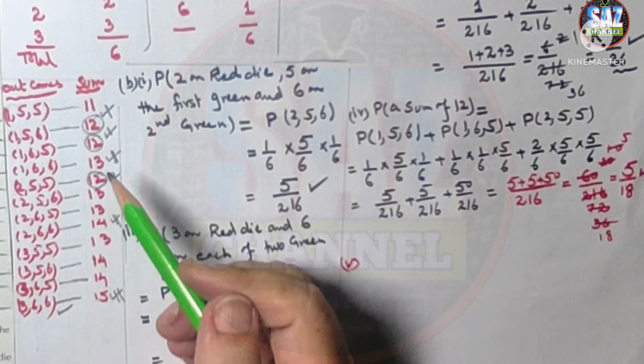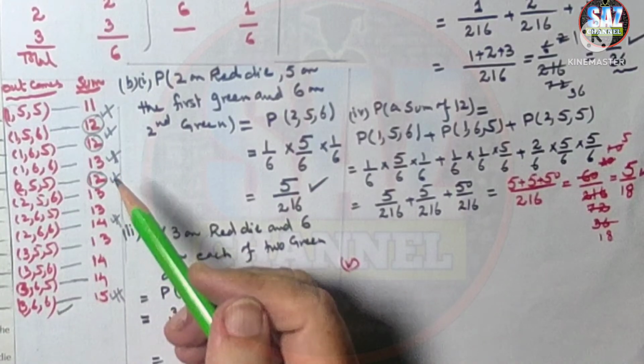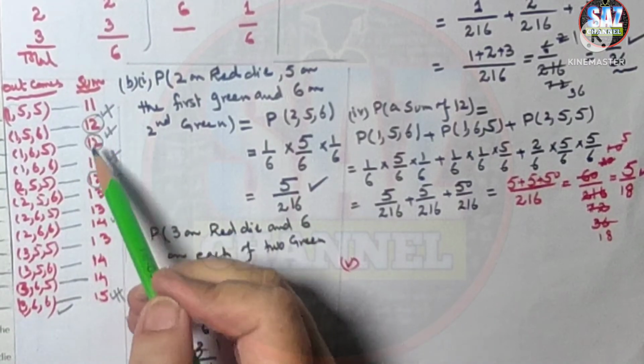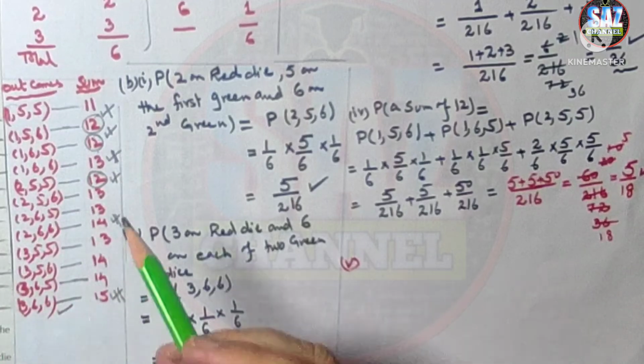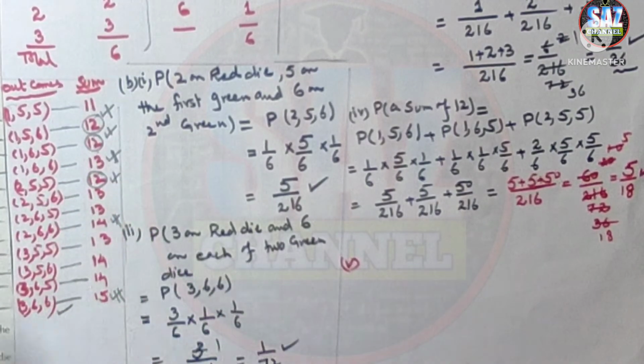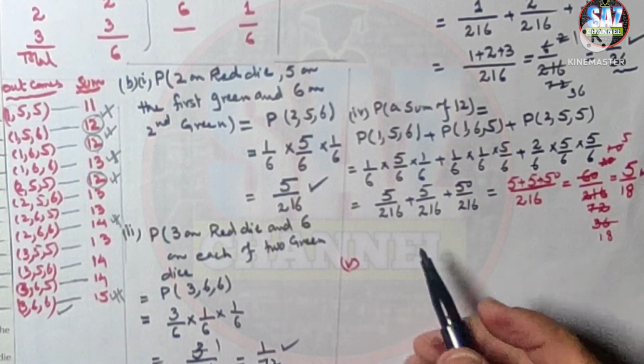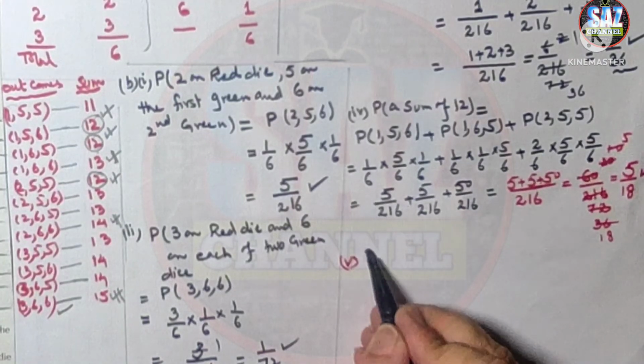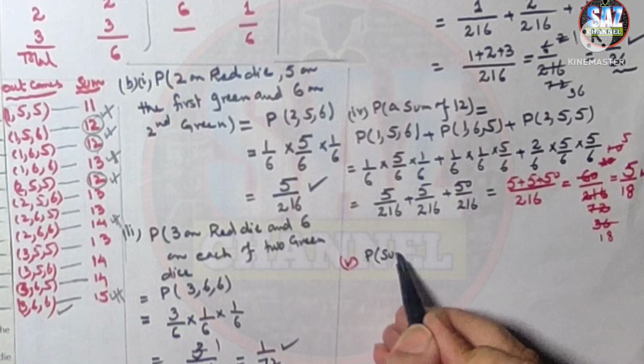Sum divisible by 3, that is sum of 12 plus sum of 15, and 12 we are getting 3 times.